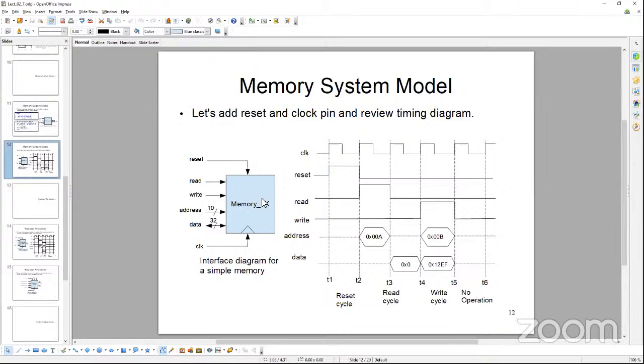How long does it take? Here, one specific part to understand is this wait time. If you have a write operation immediately after a read operation, you need to wait a clock cycle for the data to be consumed.